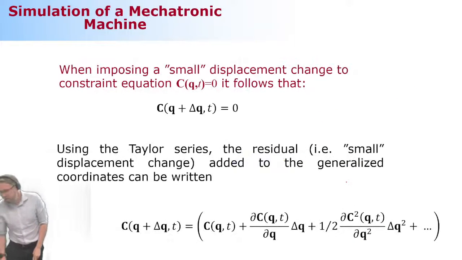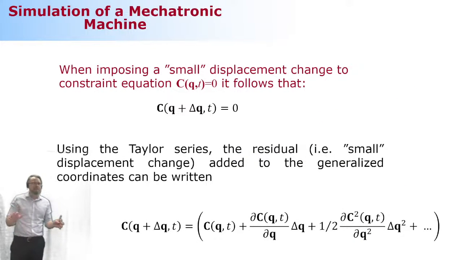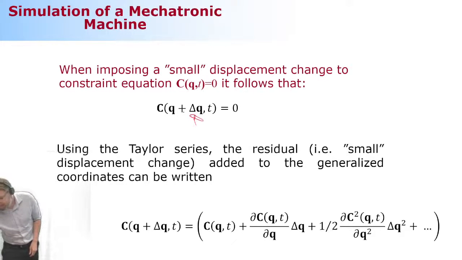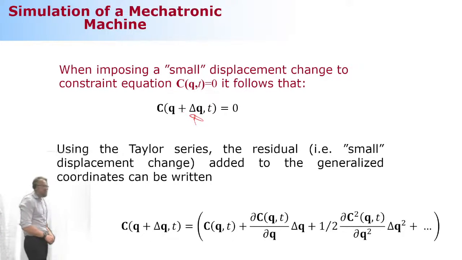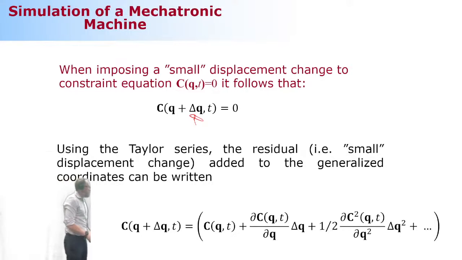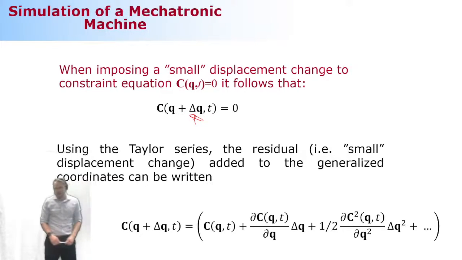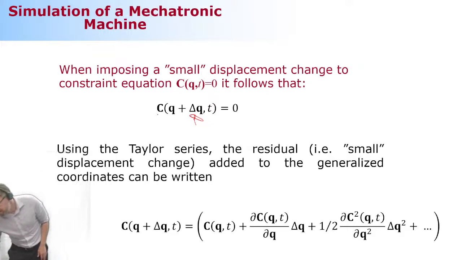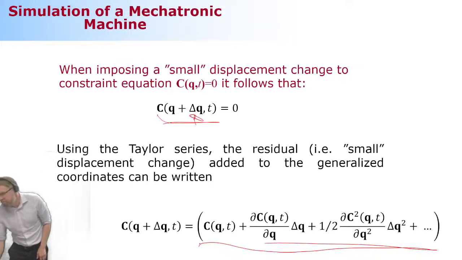For those of you that are interested, I guess none, still I'm going to tell you how this actually goes. You introduce a small displacement added to your constraint equation, delta, and then you follow something called the Taylor series. Once you do the Taylor series, you can rewrite this equation as a series.